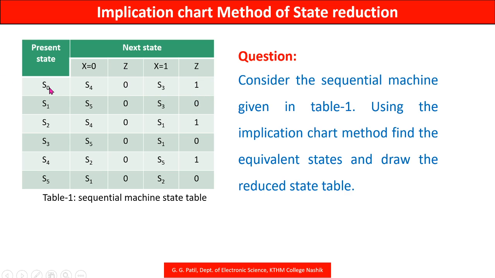So these two states cannot be equivalent because here the output is the same, but under input X equals 1, the output is different. So we'll have to place a cross mark in the square representing S0 S1.